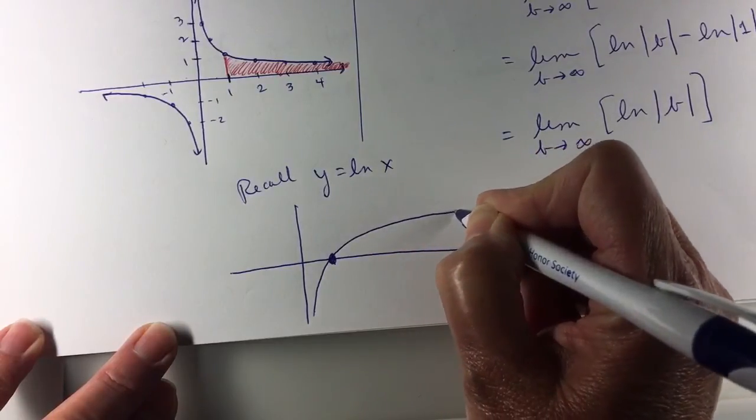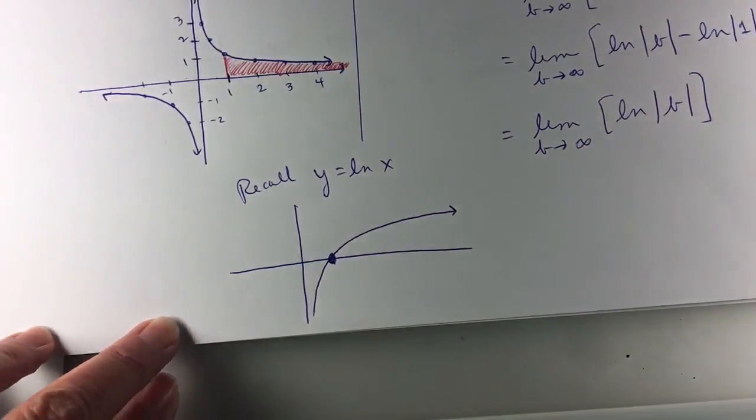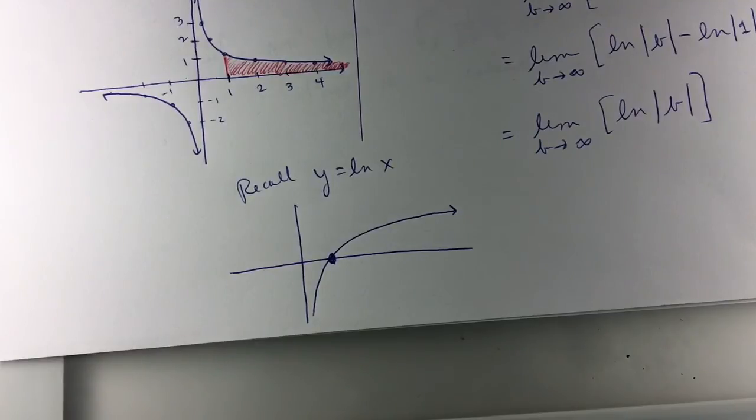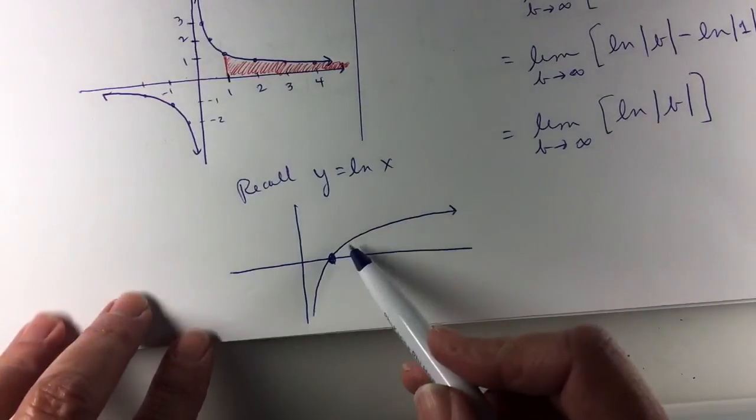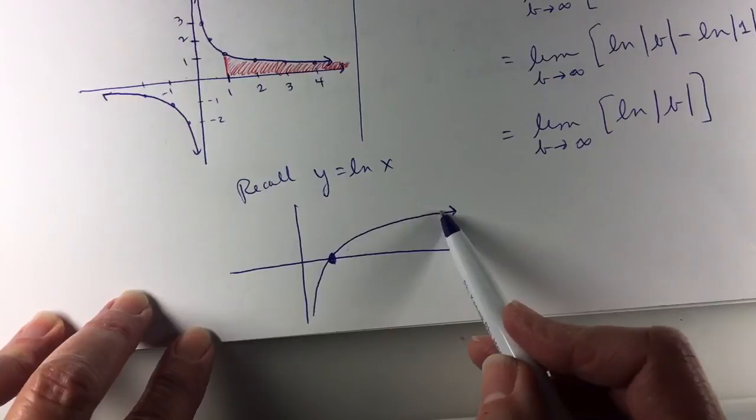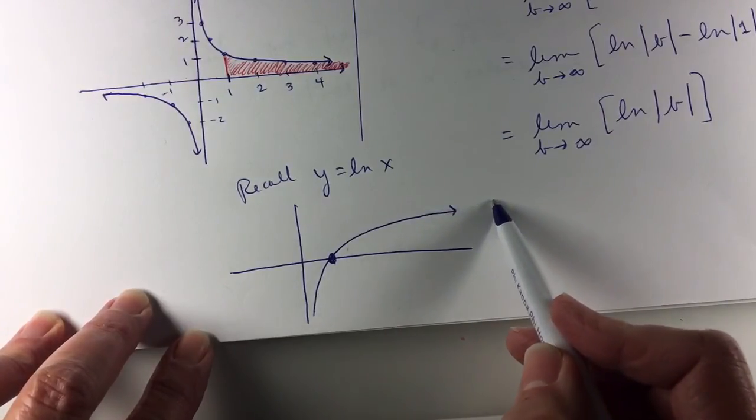Now, if you graph this in your graphing calculator, if you have one, it's going to look like the graph sort of levels off and becomes horizontal, but it does not do that. This graph keeps increasing, even though it looks like it's increasing very slowly. It is increasing forever.